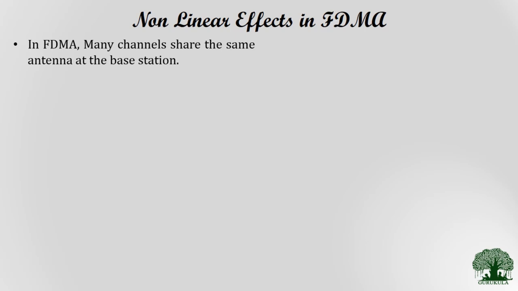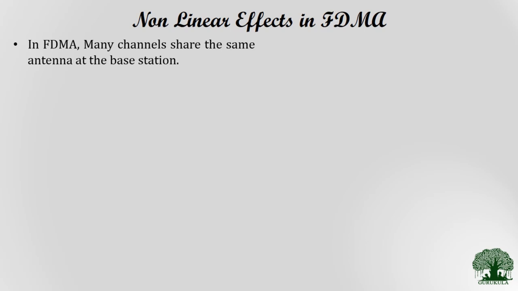So far we have discussed the concepts of FDMA from the mobile station perspective. When you look at the base station perspective, in FDMA systems many channels actually share the same antenna at the base station. For example, if an FDMA system has 10 users, and all 10 users will be using 10 different frequencies, it is not possible to install 10 different antennas at the base station to serve 10 different users.